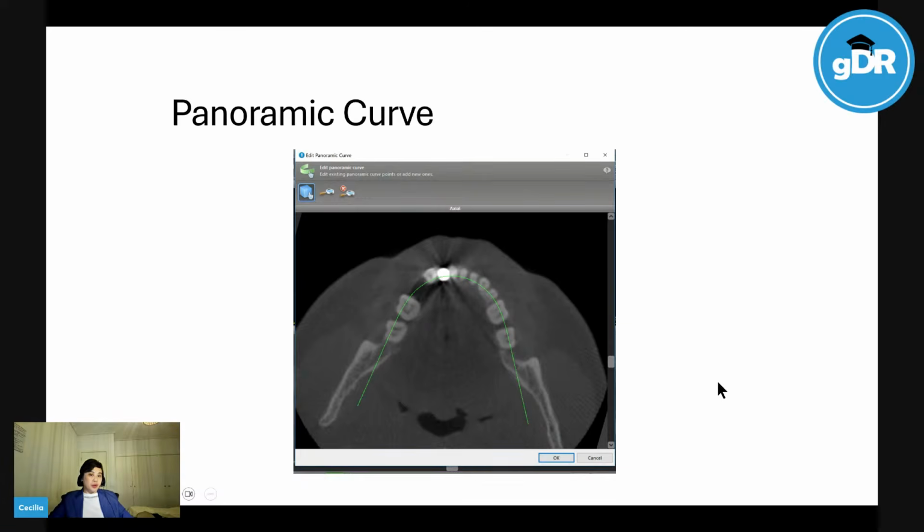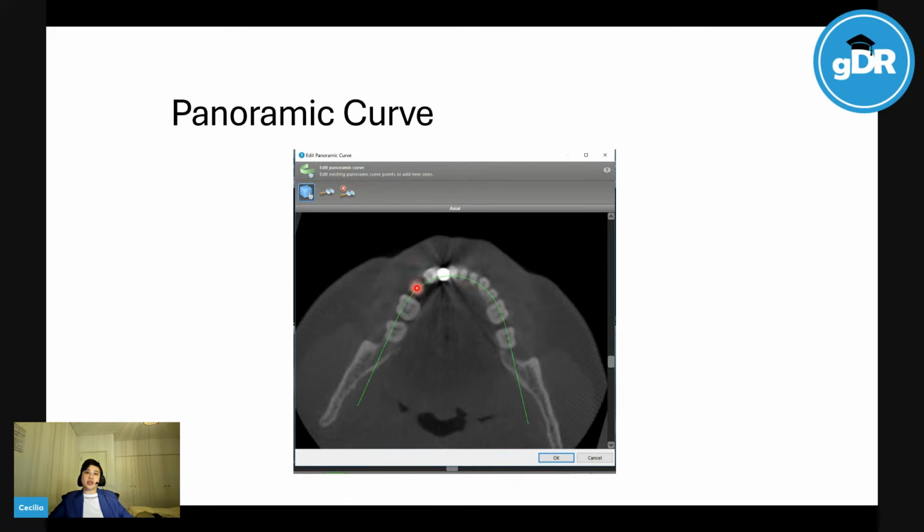If your panoramic curve is wrong, then your slices, remember those slices that I told you? Those slices are perpendicular, but only properly perpendicular if your panoramic curve is exactly along this line. So you want your perpendicular slice to be exactly along the mesiodistal line of the tooth, like so, like so.